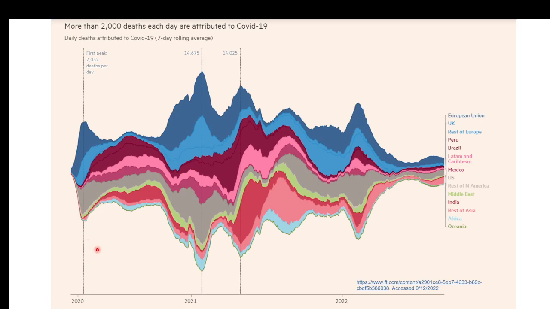Then we can see this is the first peak, the second peak, but actually in 21, 1, 2, 3, and 4 peaks, 2022, 1 and 2. But what I was saying is we can see that this started, went up, and now it has a tendency of going down. Are we going to close this?